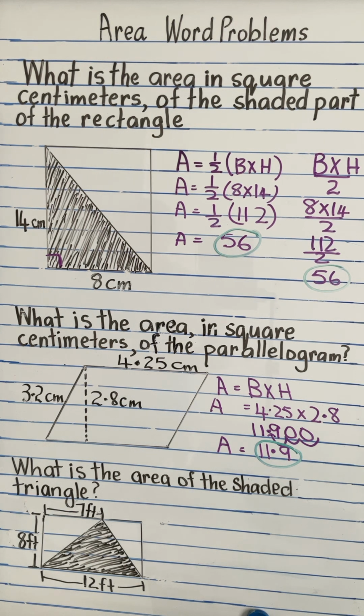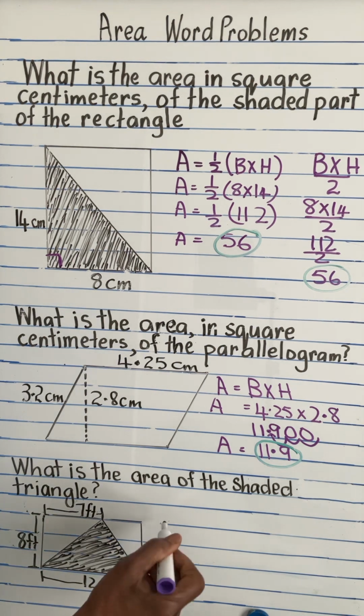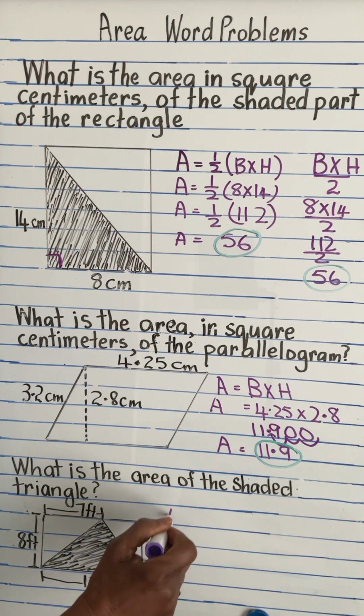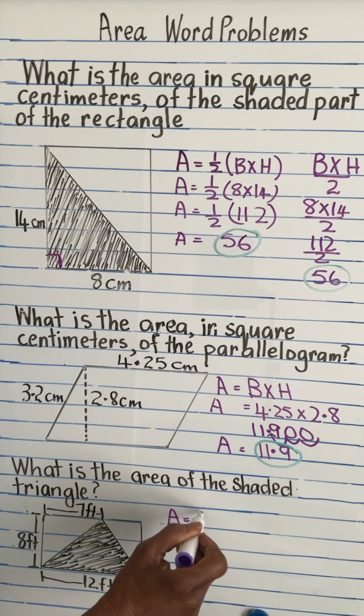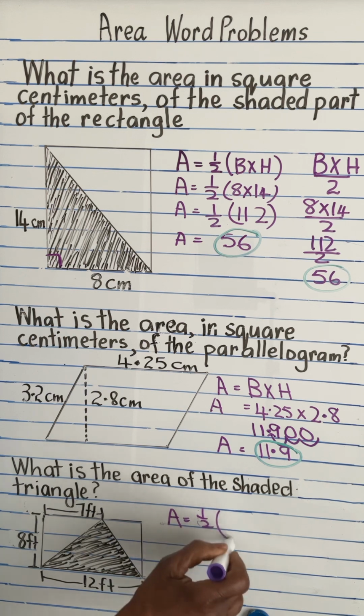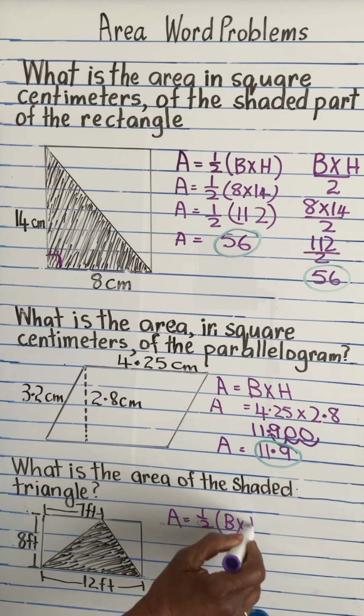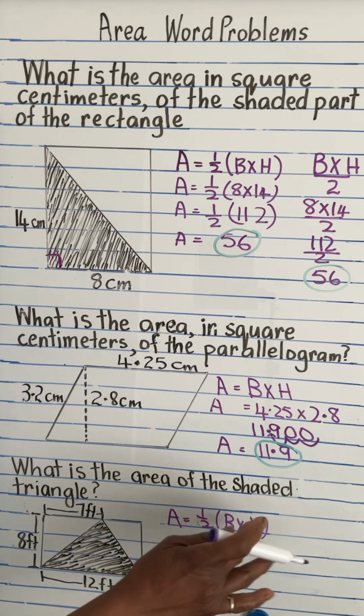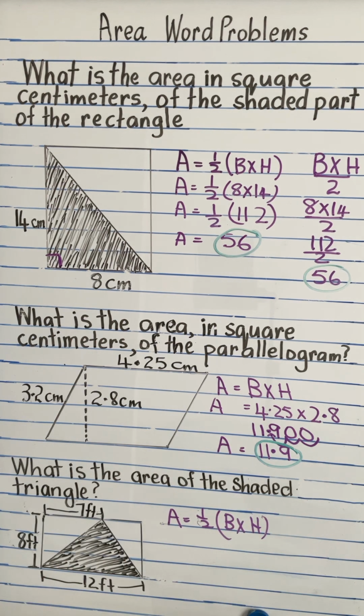Next, what is the area of the shaded triangle? Already we know the area of a triangle. Area equals half base times height, or base times height divided by 2.